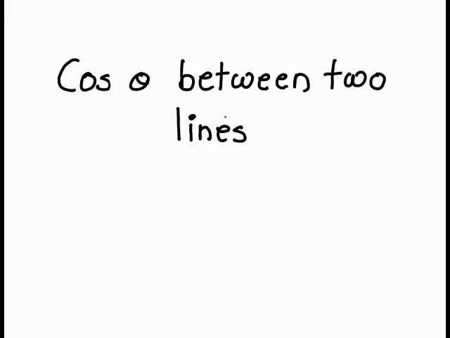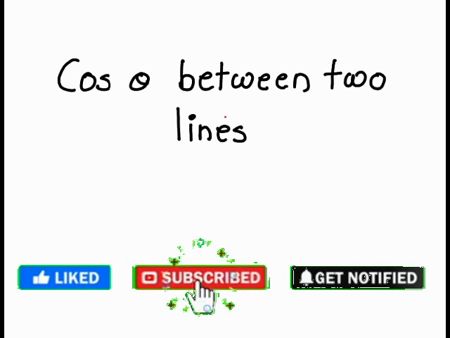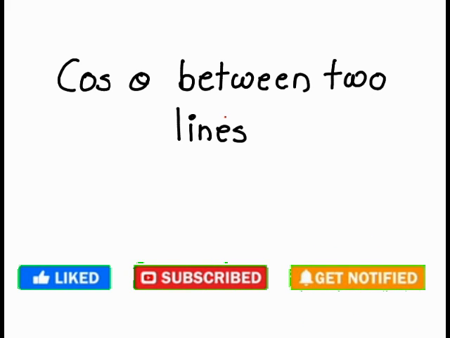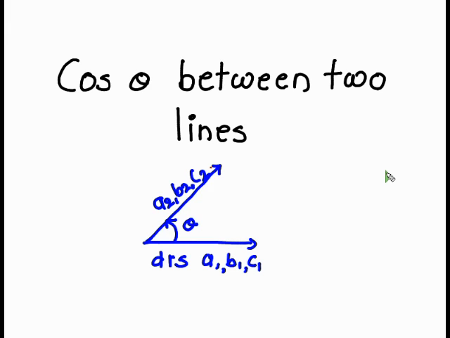Now we study how to find cos theta between two lines if the DRS are known and if the DCS are known. Now consider two lines. The first line has DRS A1, B1, C1 and the second line has DRS A2, B2, C2. The angle between the two lines is theta.